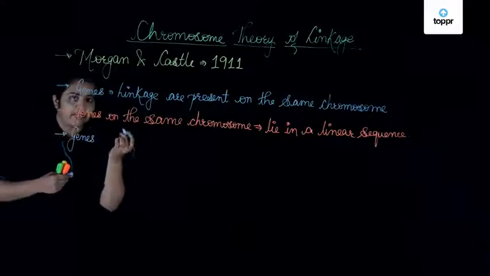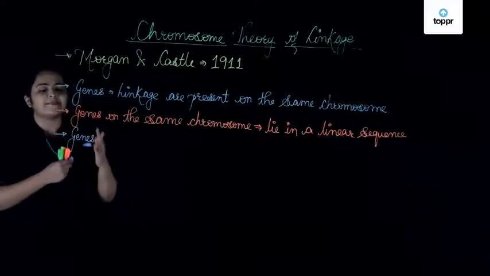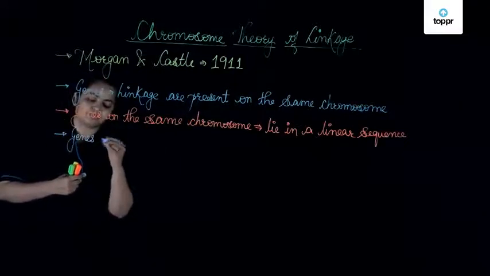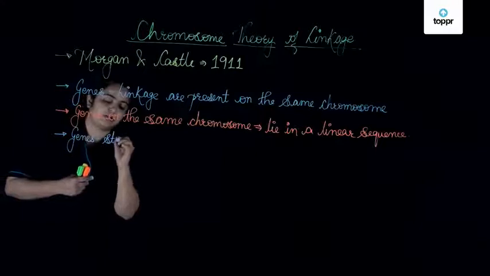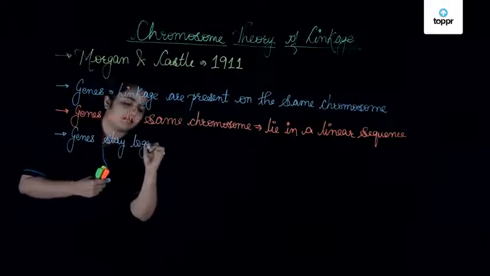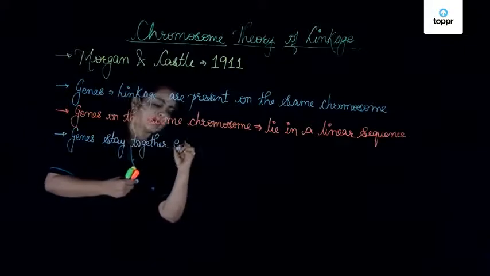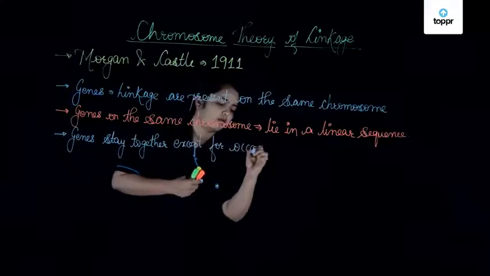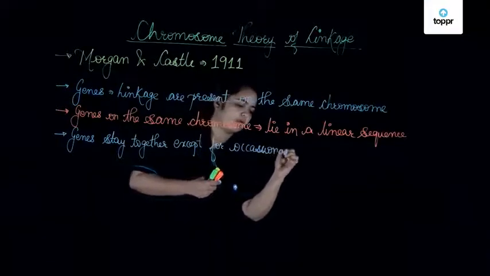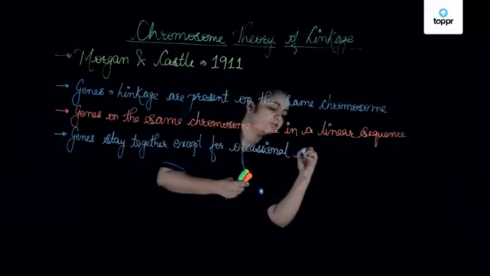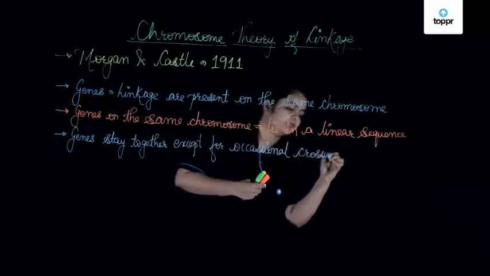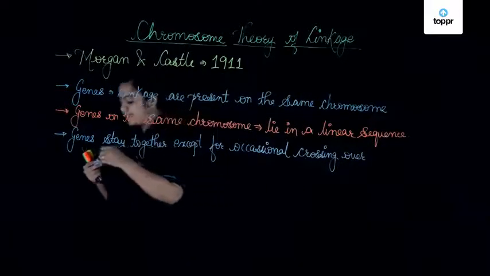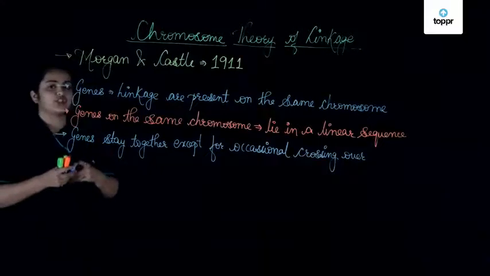So genes which are linked stay together except for occasional crossing over. They will always show a tendency to be together except for occasional crossover.